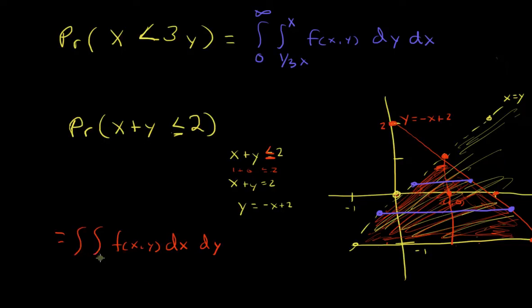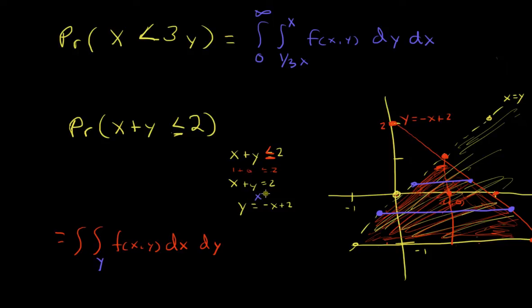Okay, so the inner integral for x, if I travel on x first, I go from the yellow line to the red line. So from x equals y to x equals, now I have to rewrite this with x equals on the other side.